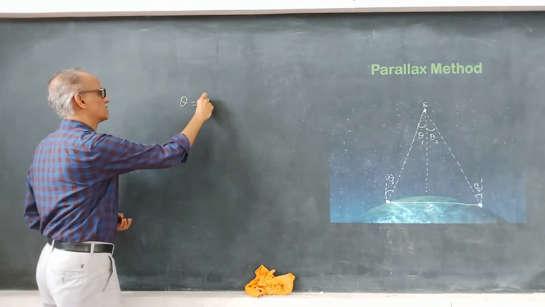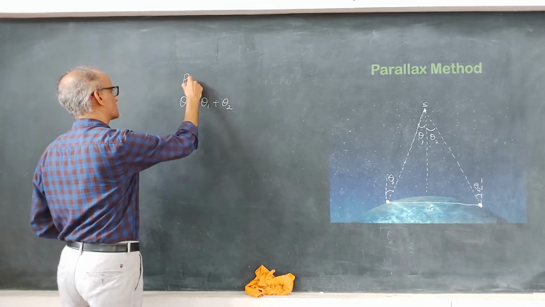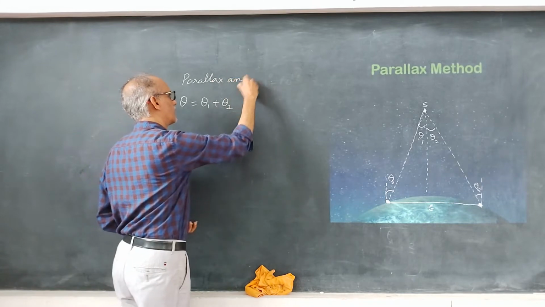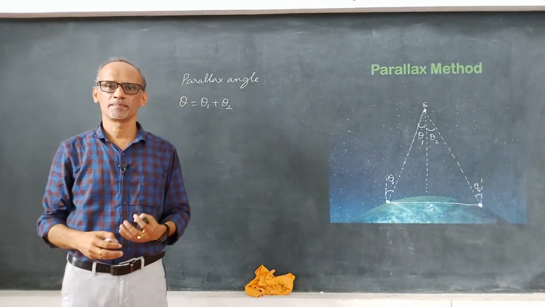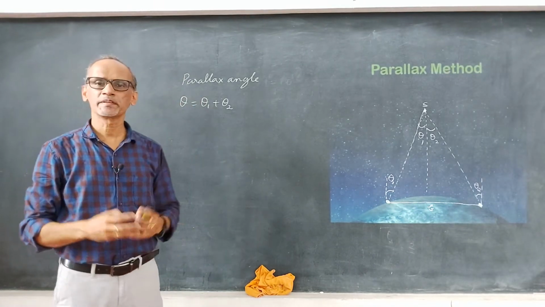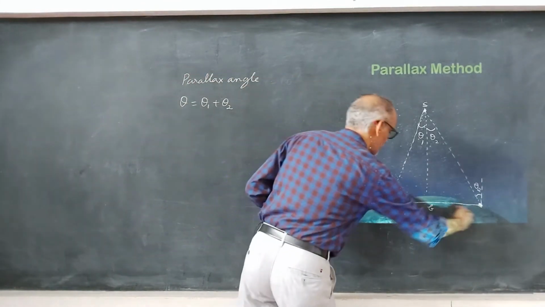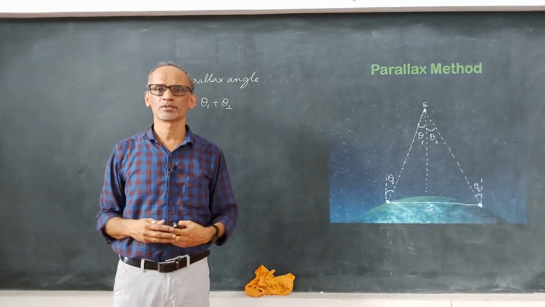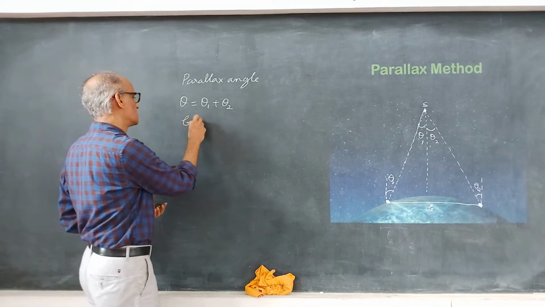The total angle theta is equal to theta 1 plus theta 2, and this total angle is called the parallax angle, or also the parallactic angle, theta, which we can measure very easily. We can even measure the value of B, how far the two locations are. So we know the value of B, we can find theta. So B is called the base.